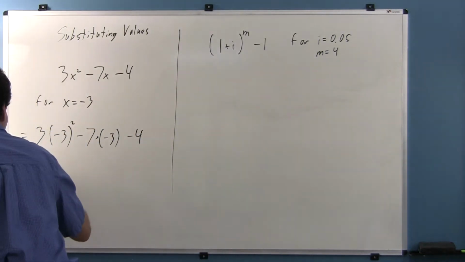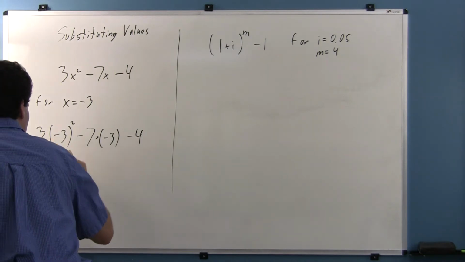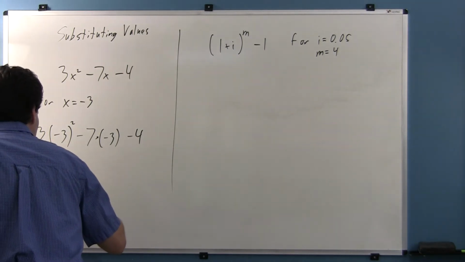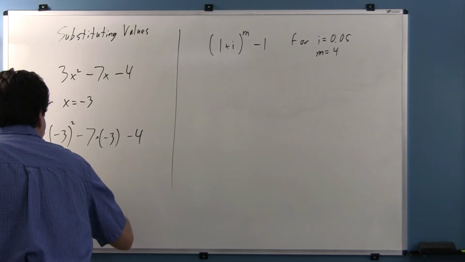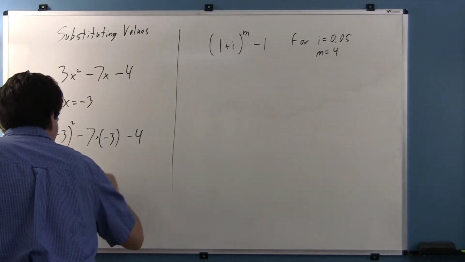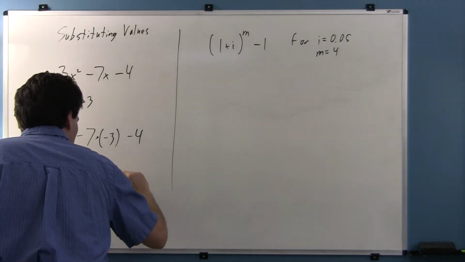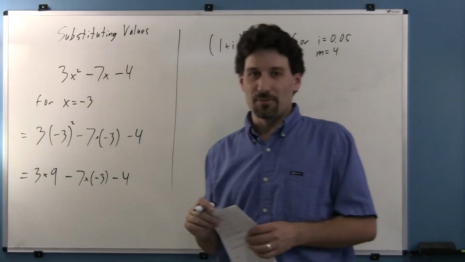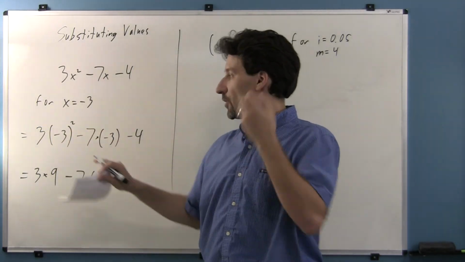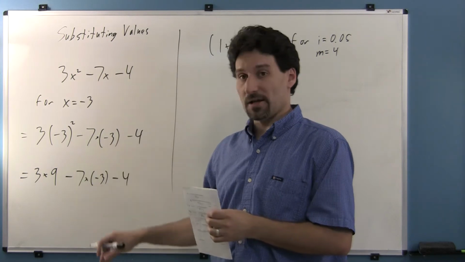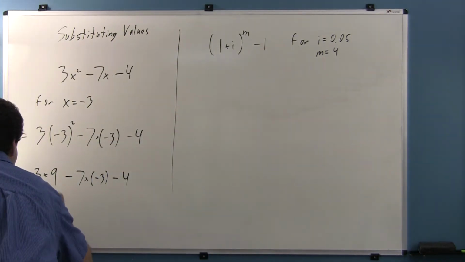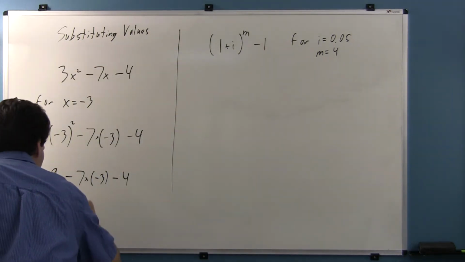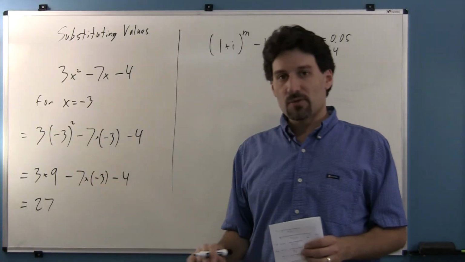So what have we got? So that's 3 times, well, -3 squared is positive 9. And I'll leave this minus 7 times bracket -3 and then minus 4, just to officially do the Bedmas sort of thing. We did the exponent first, now we're going to do all the multiplies. So 3 times 9 is 27. 7 times 3 is 21.